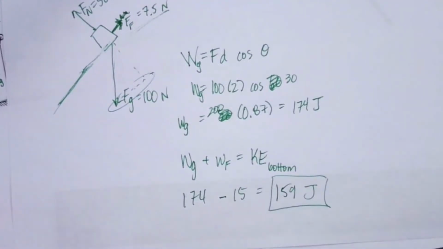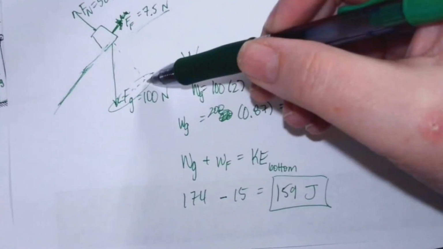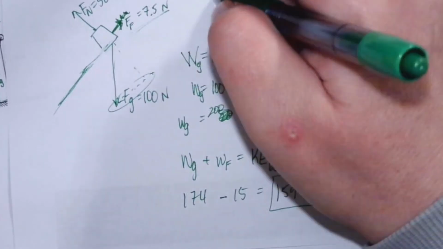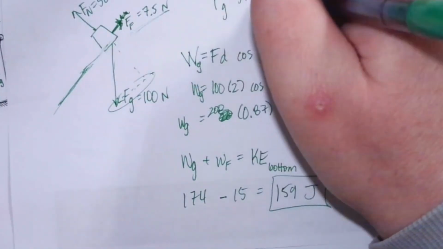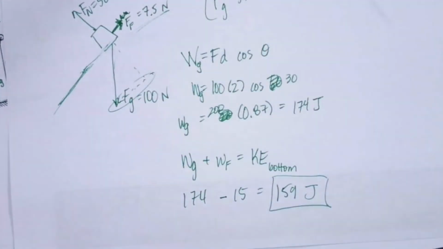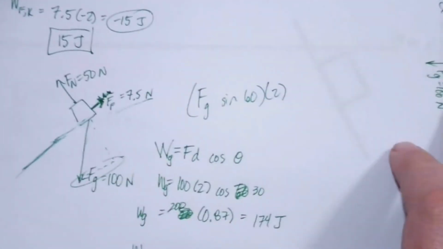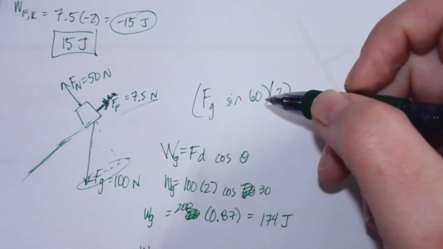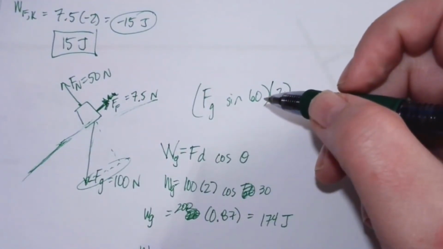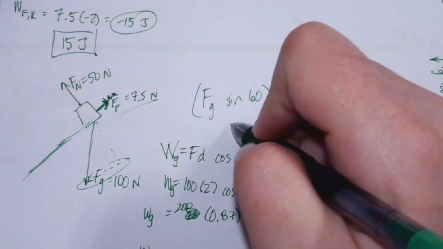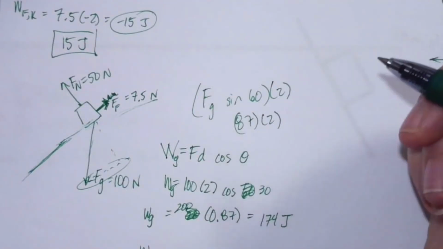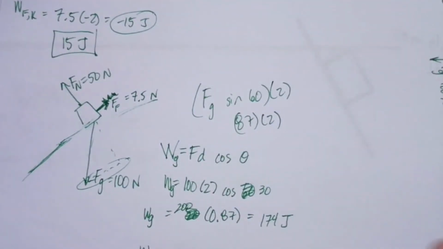The other way you could have done it is you could have just multiplied this component, which is Fg sine 60, times 2. That would be fine too, because Fg sine 60 and Fg cosine 30 are the same thing. So you would have gotten 87 times 2 again, which is again 174.